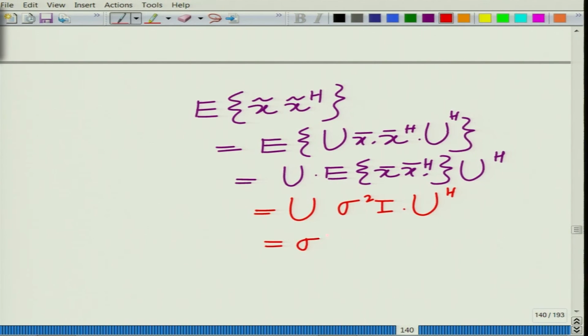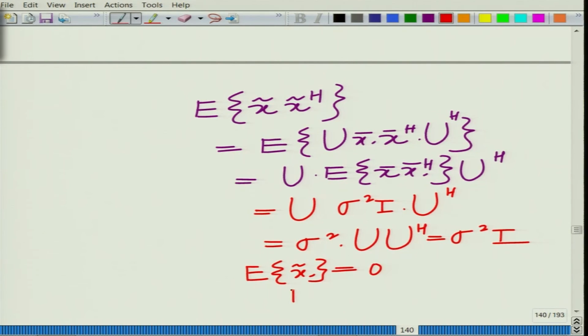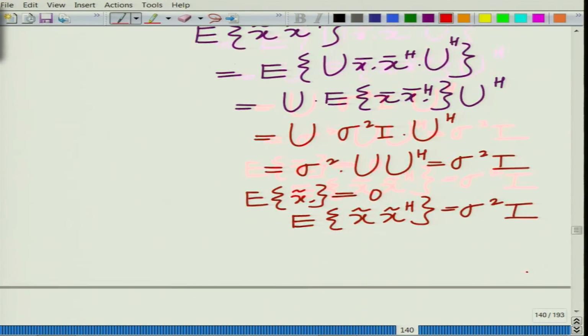Now take sigma square outside, u u Hermitian is identity, so this is sigma square times identity. So, the mean of x tilde is 0, and the covariance is again exactly the same, sigma square times identity.